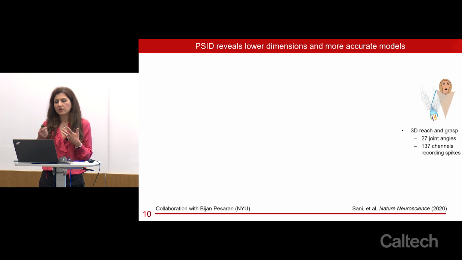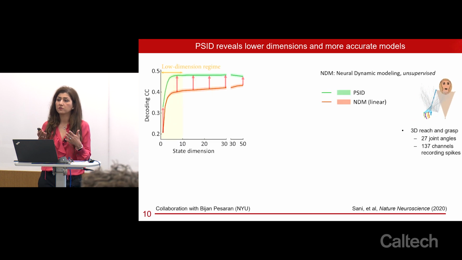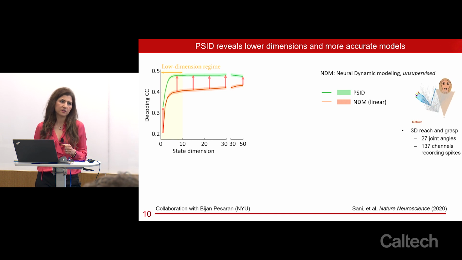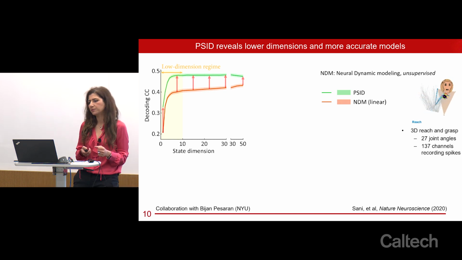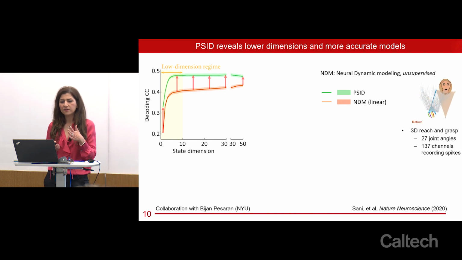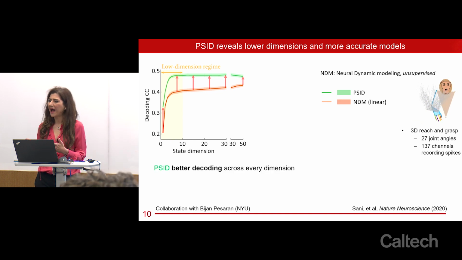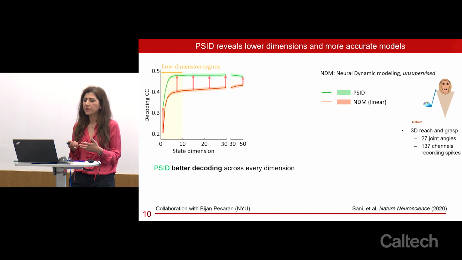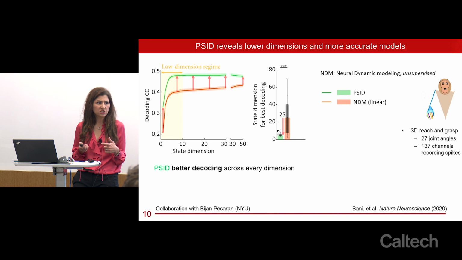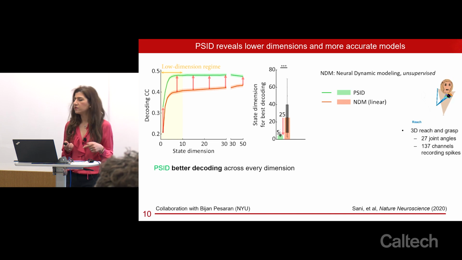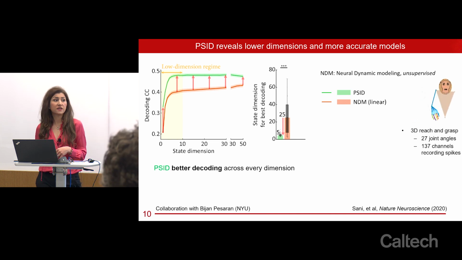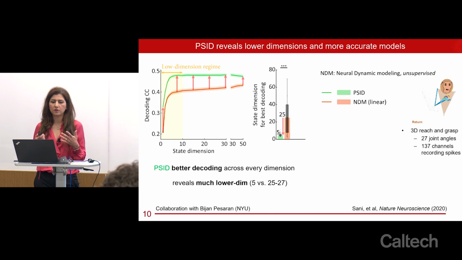So what we did was we said, OK, let's compare the decoding of movement by PSID with the unsupervised neural dynamical model. So this is trained unsupervised, then downstream fits a decoder from latent states to behavior. And you can see that at every latent state dimension, PSID decoded the movement more accurately than the neurodynamical model or NDM. And importantly, it achieved this better decoding using a much lower dimensional state, in this case, 5 times lower.